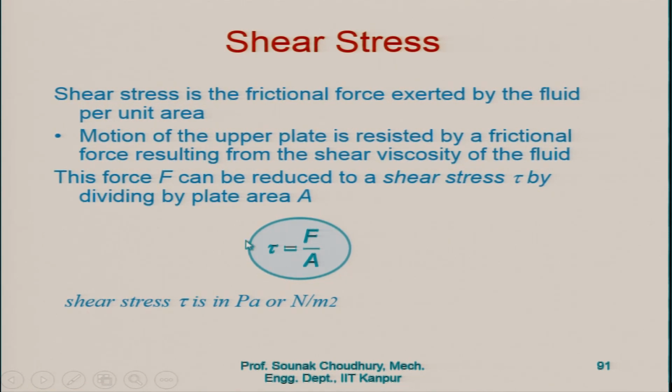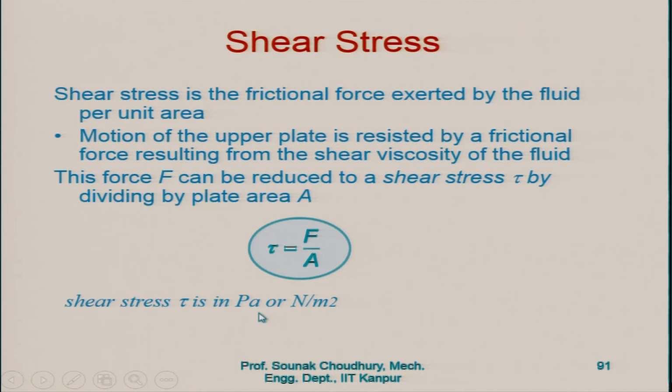So, this is how the shear stress can be defined: the force divided by the plate area A. The shear stress tau is given in Pascal, or Newton per meter square.